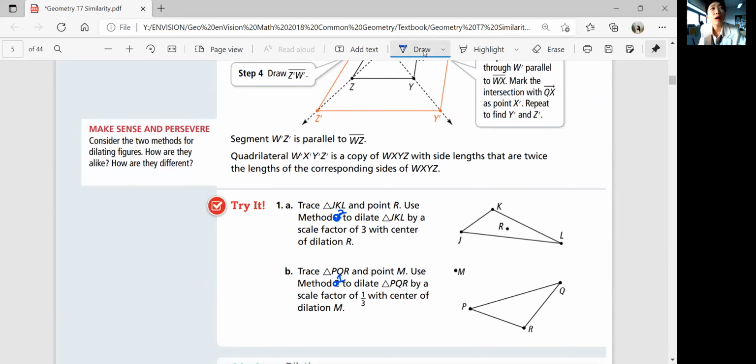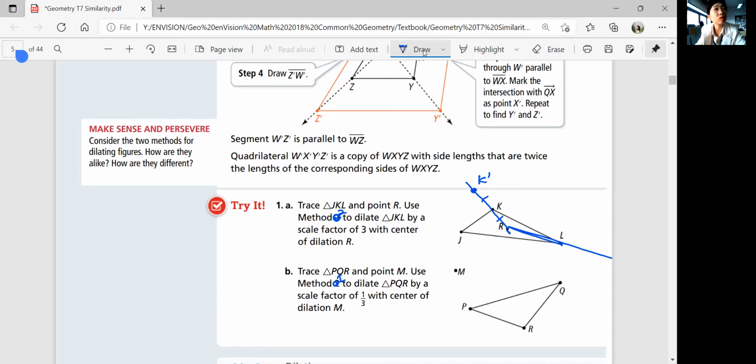Okay. To dilate by a scale factor of 3 with a center of dilation R, you draw straight lines here and then measure the distance here. That should be the same as the distance over here. That's going to be K prime. I know it's hard to use my ruler when I can't really see it physically on the screen, but right here.